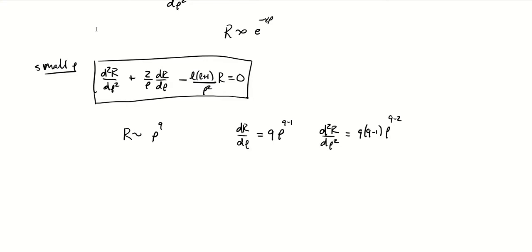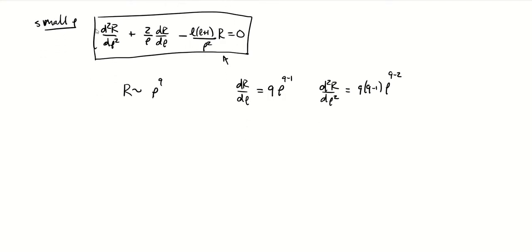If we plug both those back into our differential equation, we end up with q times q minus 1 rho to the q minus 2 plus 2 over rho times q times rho to the q minus 1 minus L times L plus 1 over rho squared times rho to the q is equal to 0. And this rho is going to make that q minus 2.